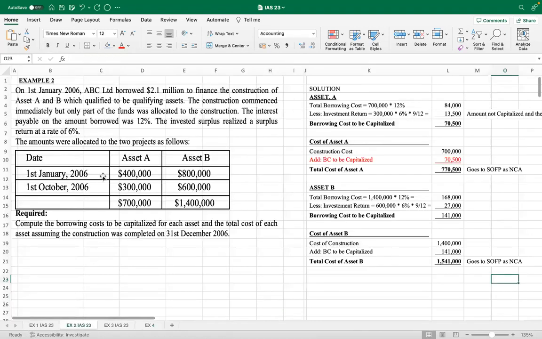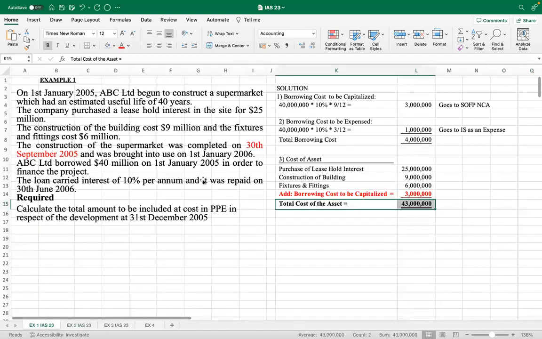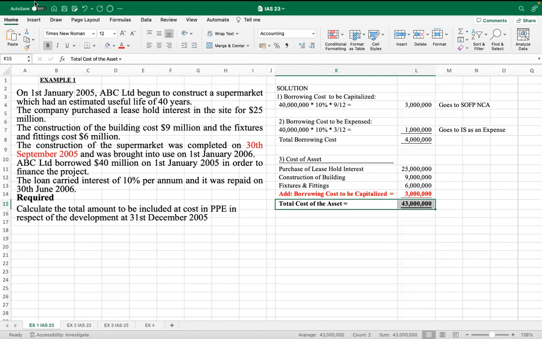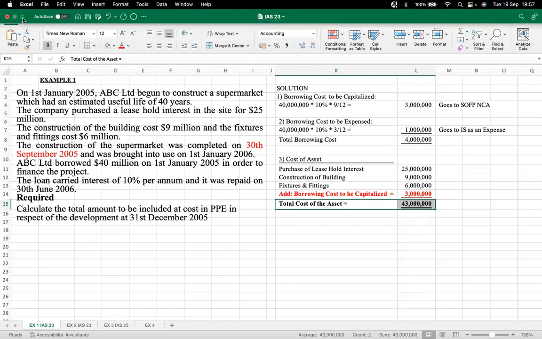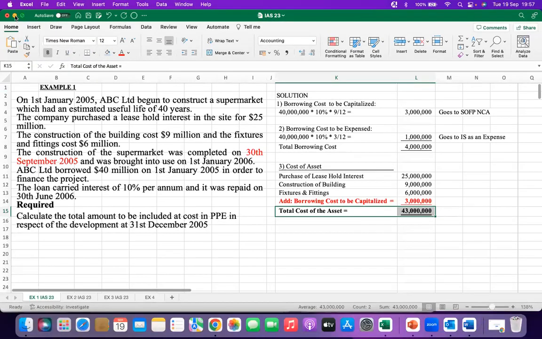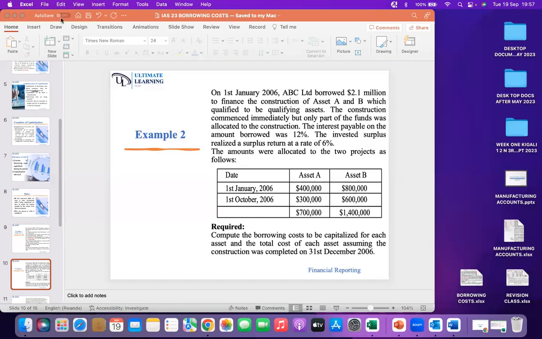This one looks at an investment return, when we invest part of the proceeds. And the first one looks at when does capitalization stop?